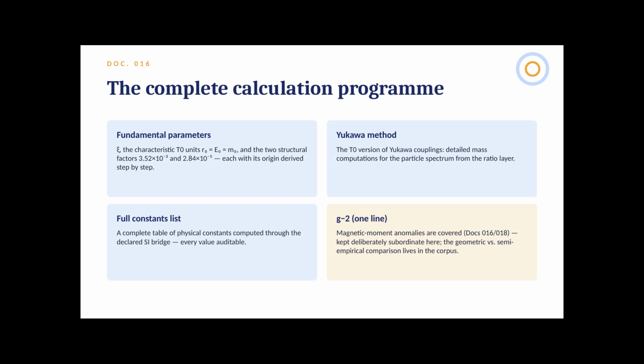A complete table of physical constants computed through the declared SI bridge, every value auditable. And even G-2, the anomalous magnetic moment, gets its line. It's deliberately kept subordinate, but the geometric versus semi-empirical comparison lives in the corpus.